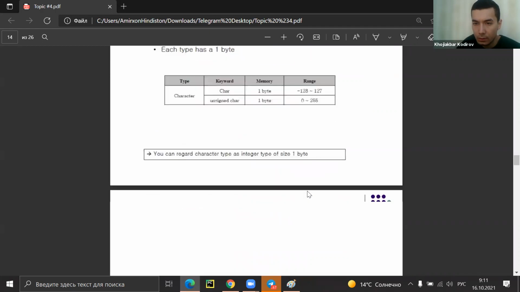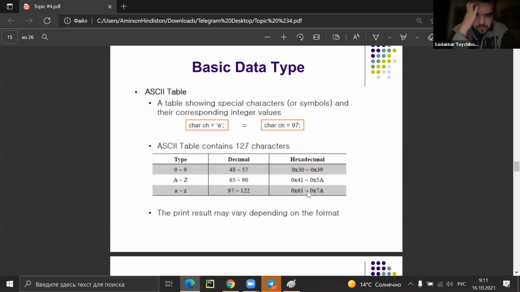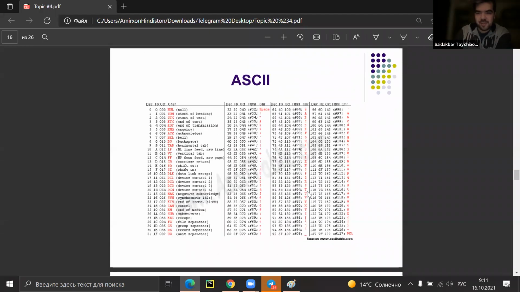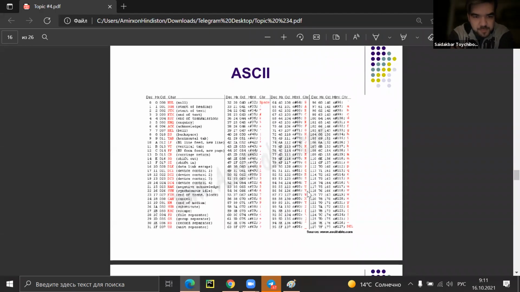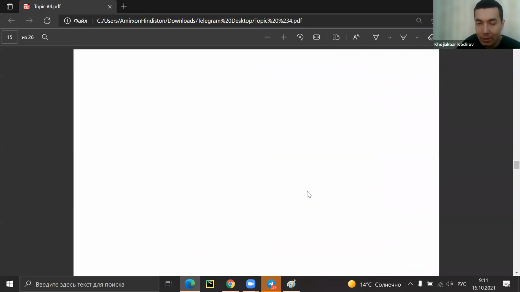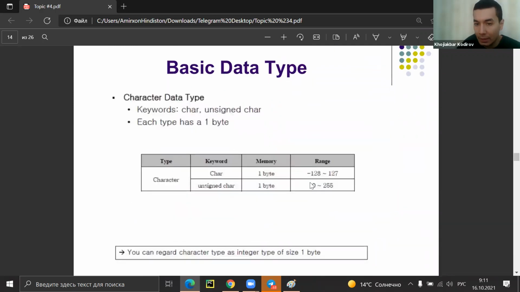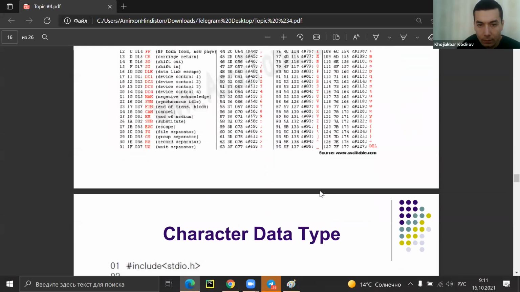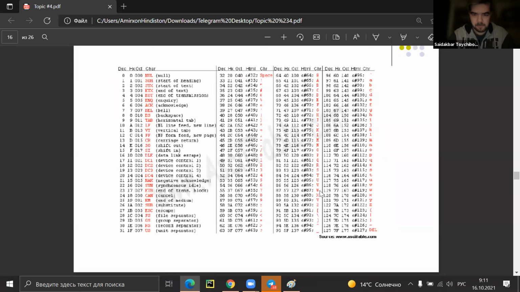So there is an ASCII table. In the ASCII table we have a representation of the characters in decimal, in hexadecimal. The range means the range in the ASCII table. When you go minus, it will go again from the beginning.